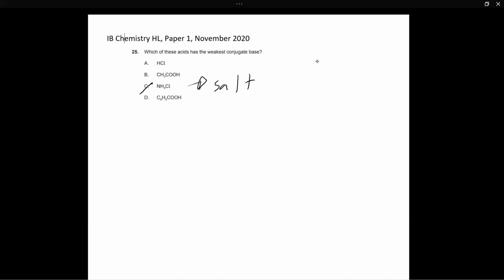So I'm just going to take a reaction. Let's say we have NH3 plus H2O. This sign means that the reaction is reversible.